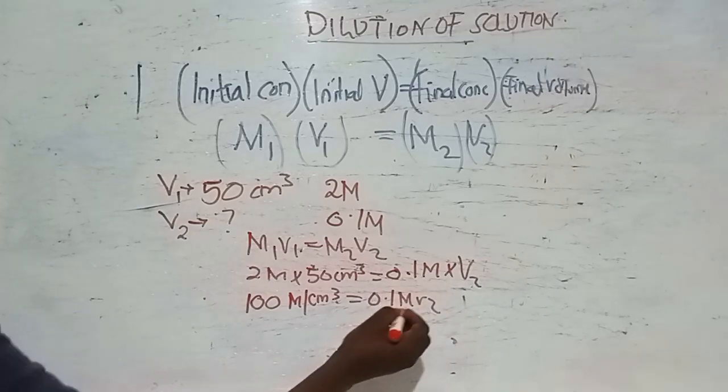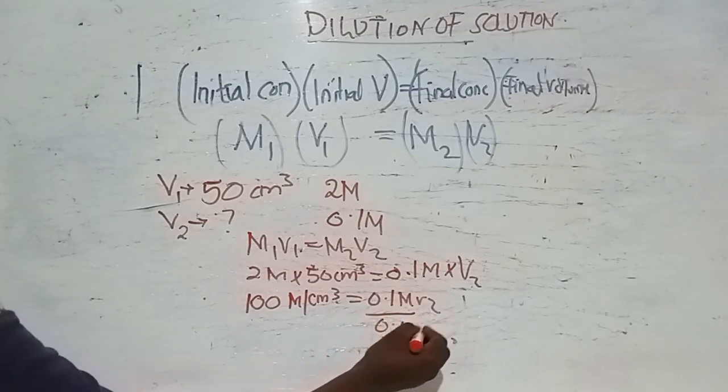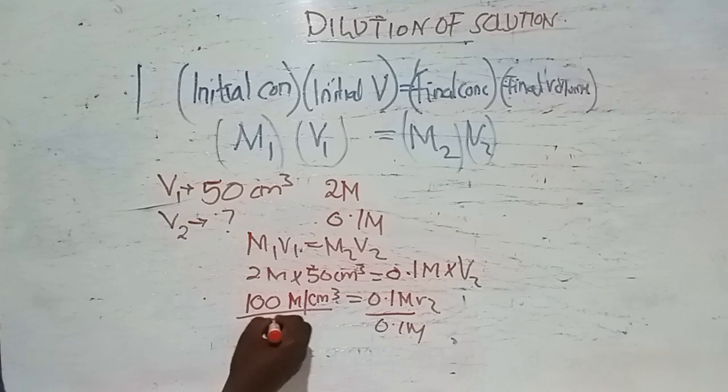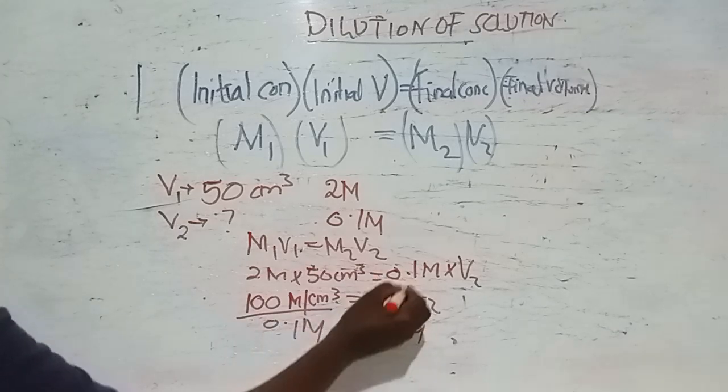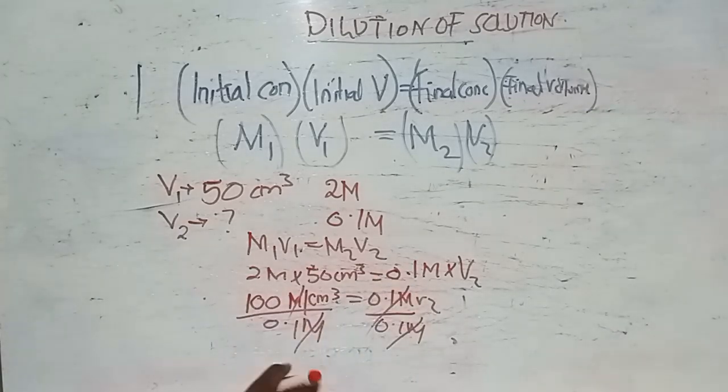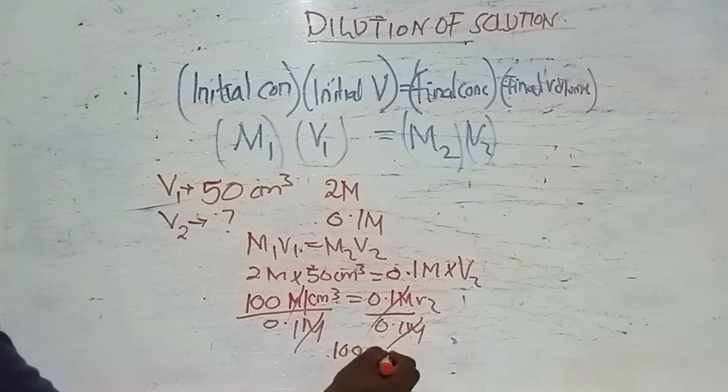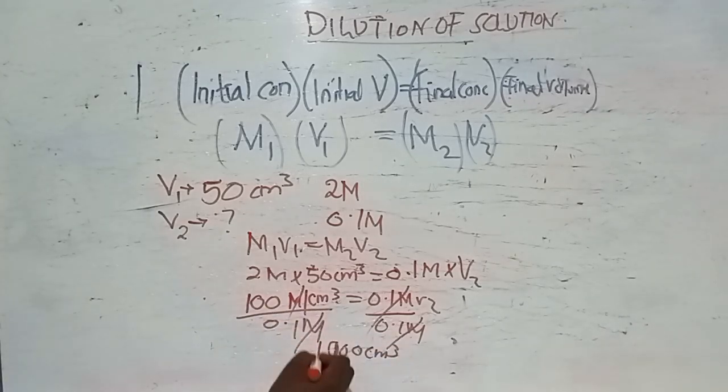Okay, so you divide by 0.1 M to get your V2. The molarity and the molarity cancel out, and your volume in this case is going to be 100 divided by 0.1.